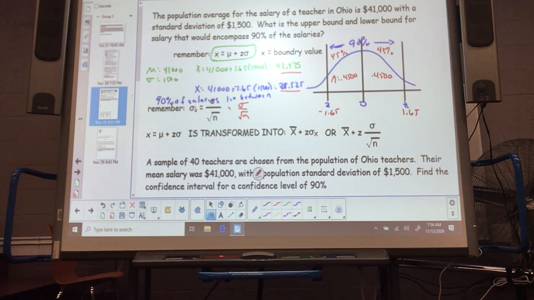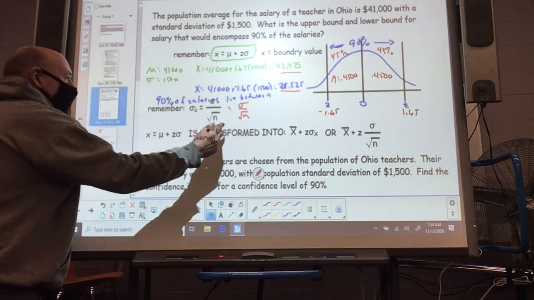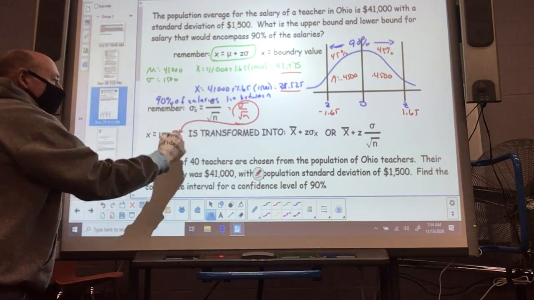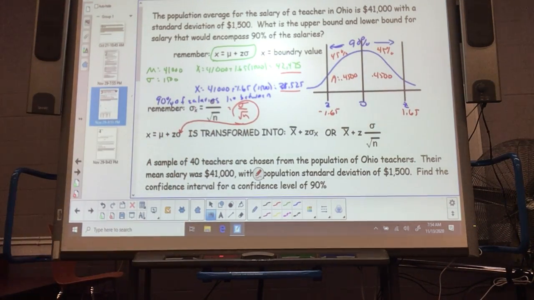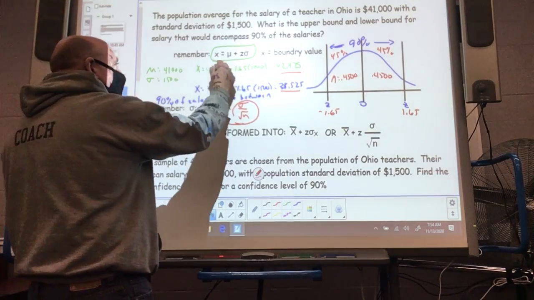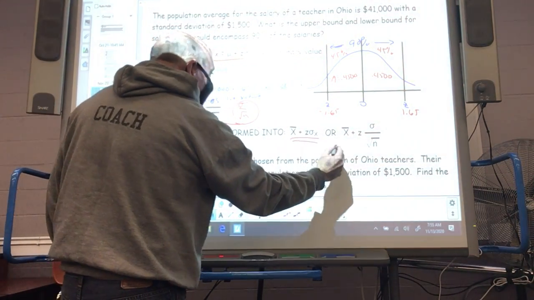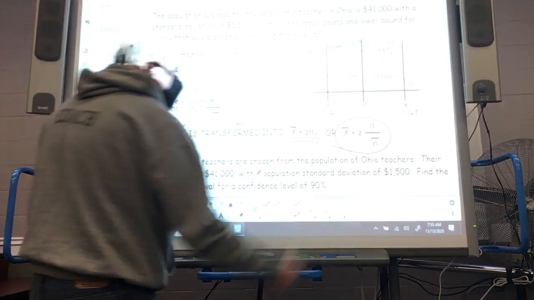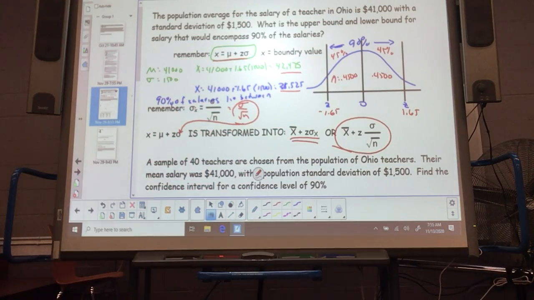So what we're able to do with this is a substitution and transform our base equation into this base equation when dealing with a sample mean, with a sigma and the square root of n.